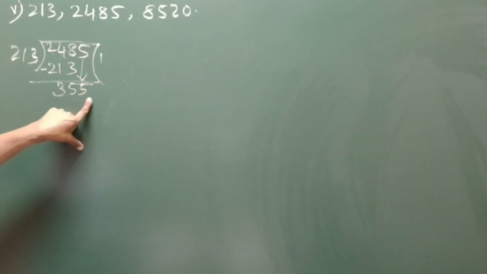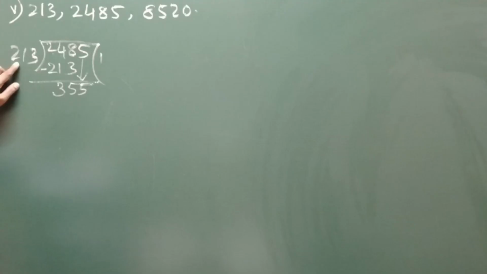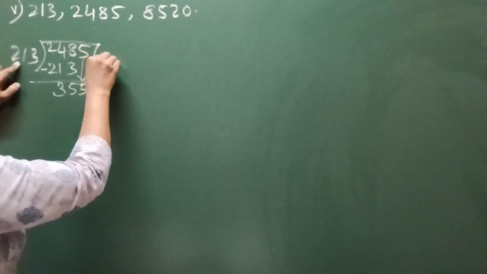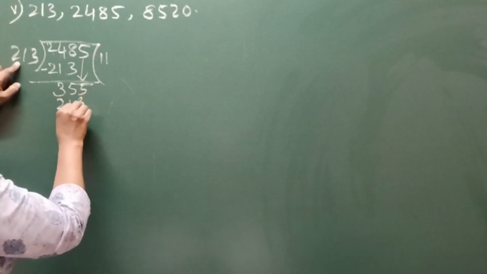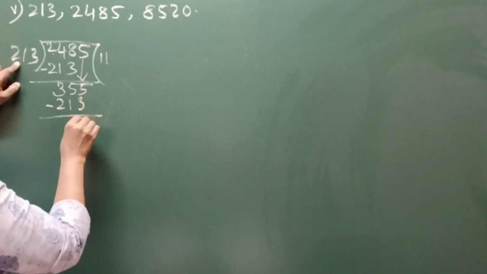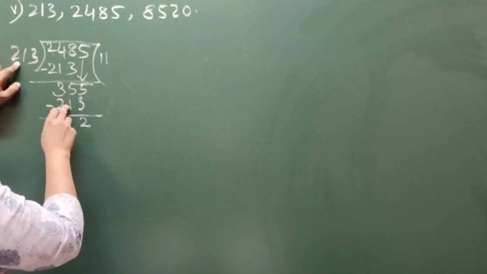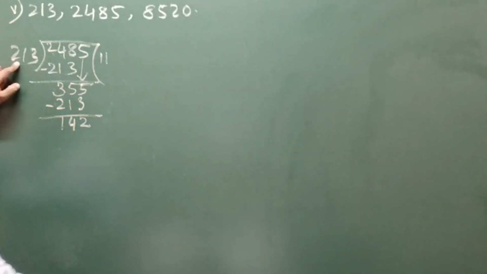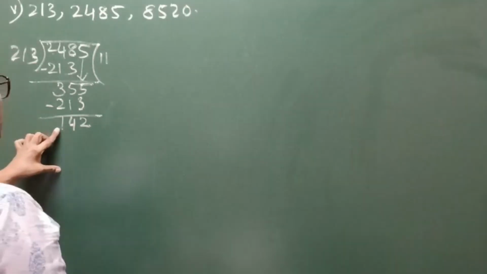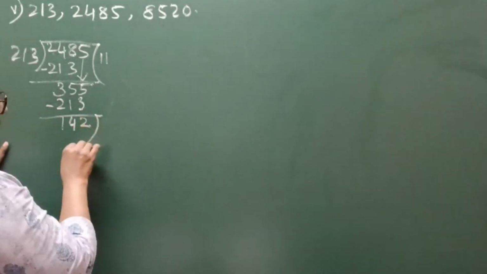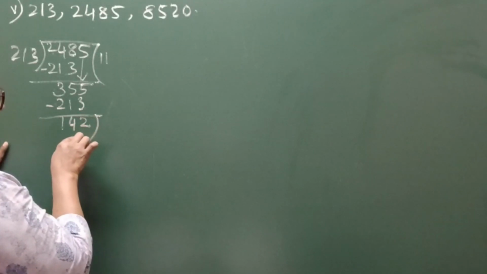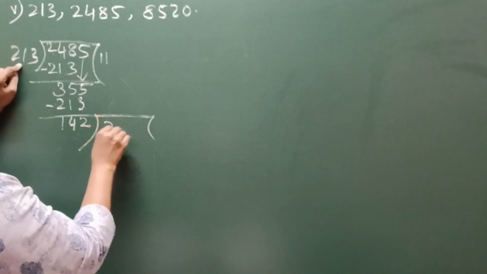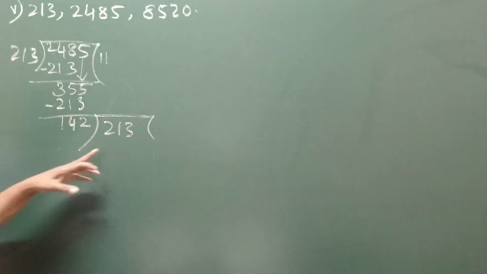Here it is 355 and 213. So it will not go more than 1 time. Again 213. 5 minus 3 is equal to 2. 5 minus 1 is equal to 4. 3 minus 2 is equal to 1. 142 is our remainder, and that will be the divisor for the previous divisor 230. That is our dividend now.